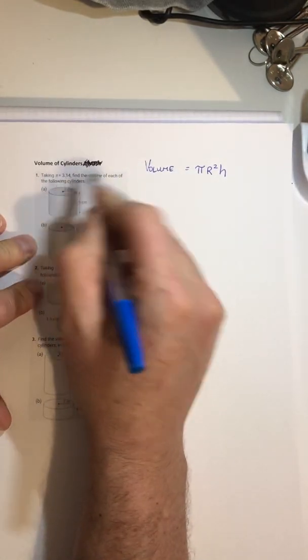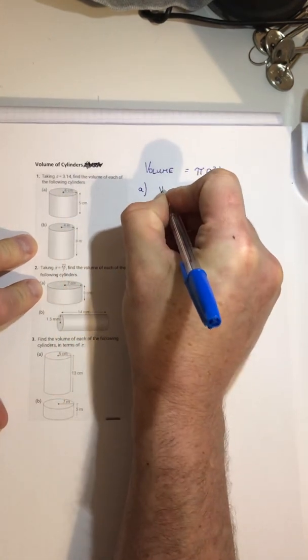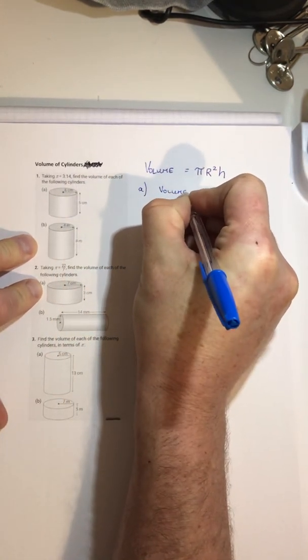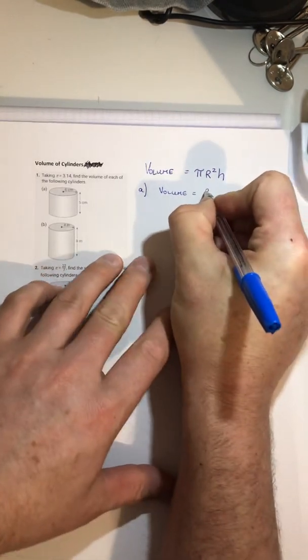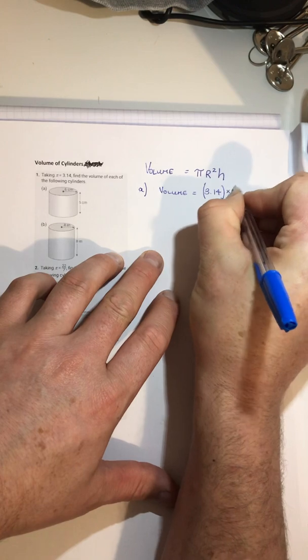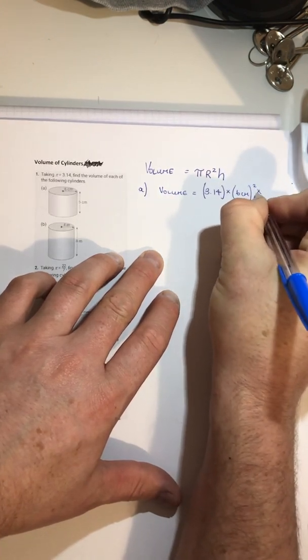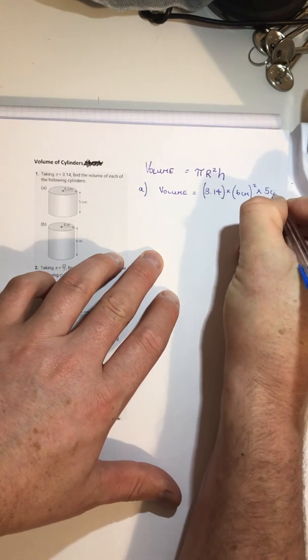Okay, so that's the formula we're using, and it just depends then on what we're substituting in for pi. So in this case here, part A, the volume will be equal to pi is 3.14 multiplied by the radius is 6 centimeters squared and the height is 5 centimeters.